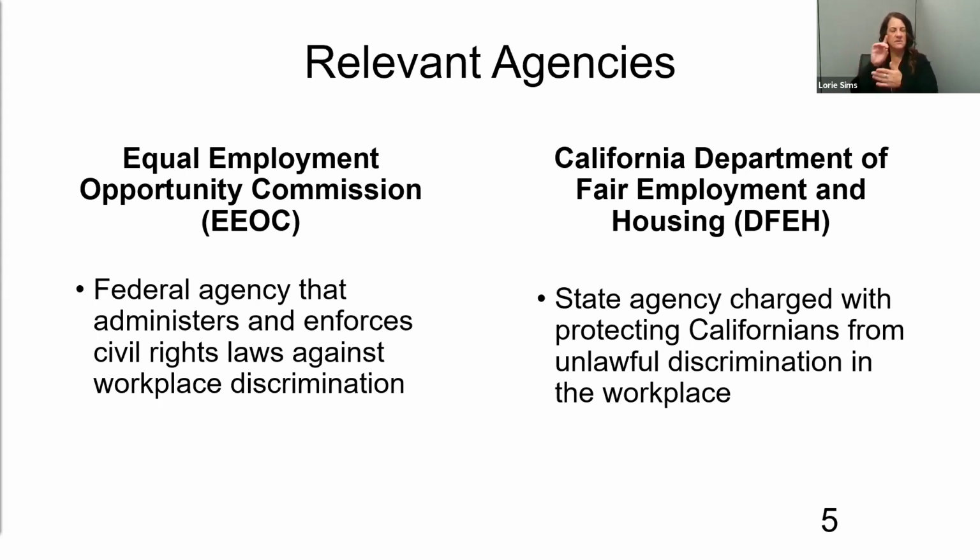And so it's important to understand that the federal laws that are administered and implemented by the EEOC are what we call a floor, not a ceiling to your civil rights, meaning states cannot be less protective of workers than what the federal law requires, but states can have laws that are more protective.